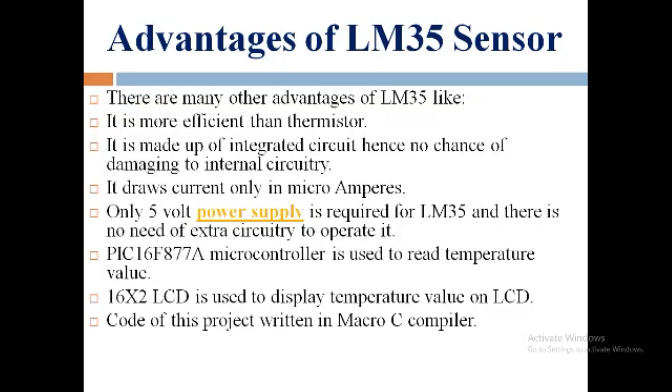It is made up of an integrated circuit, hence no chance of damage to internal circuitry. It draws current only in microamperes. Only a 5 volt power supply is required for the LM35 temperature sensor and there is no need of extra circuitry to operate it.